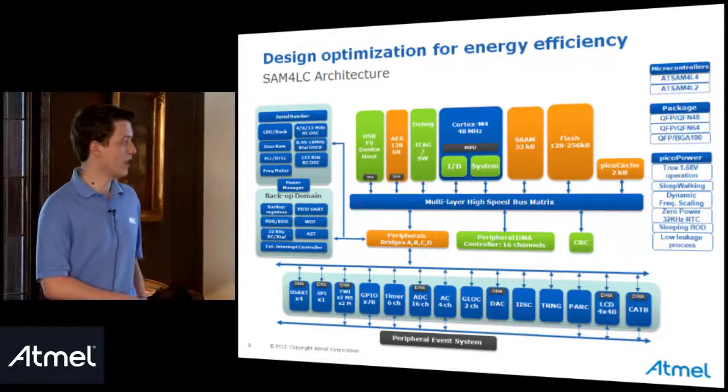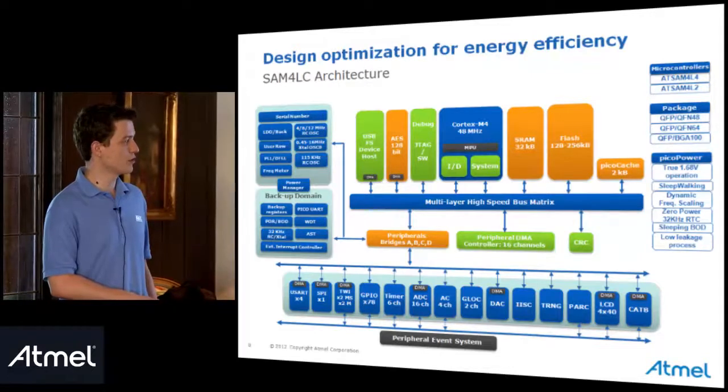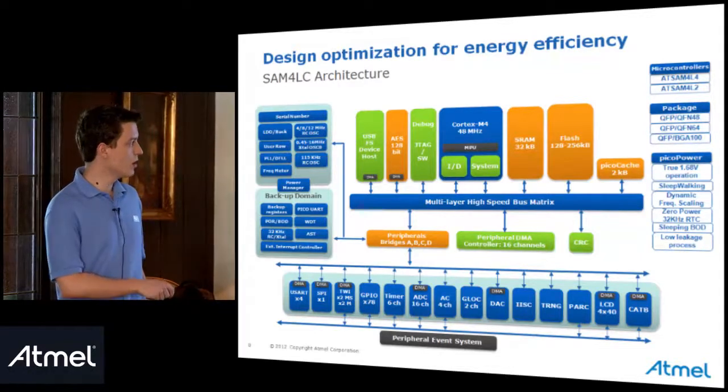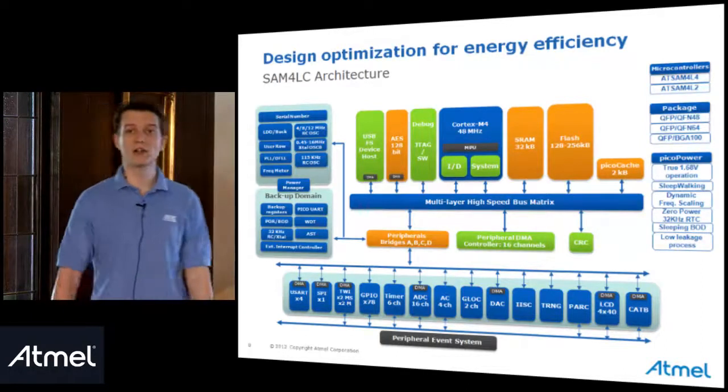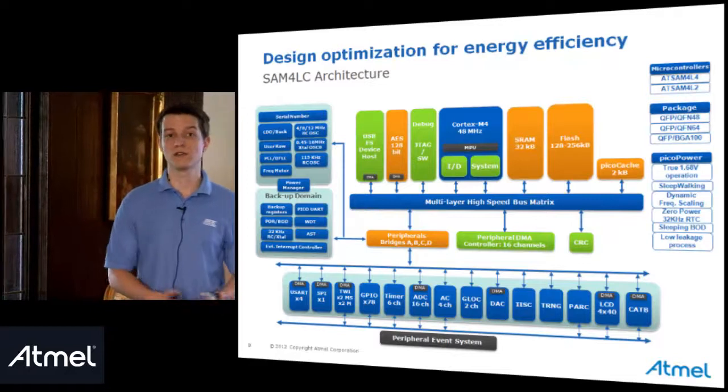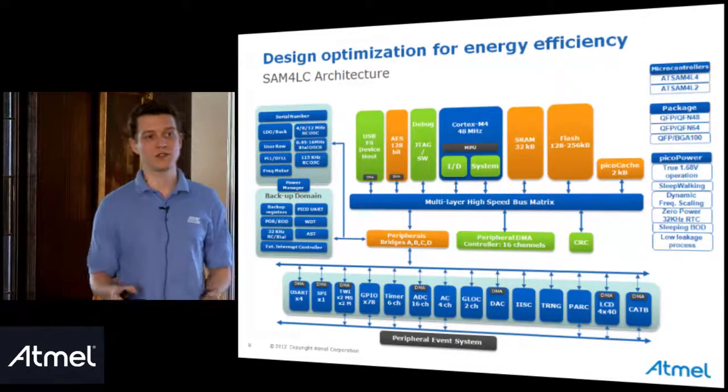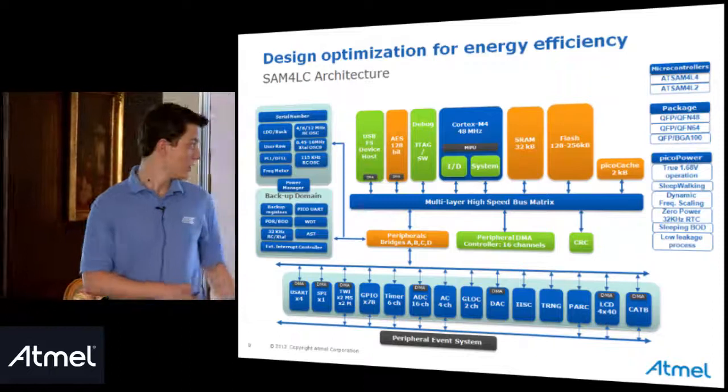So we have all the security features, such as the true random number generator or the AES controller. We also have the PARC, which is parallel capture, and allows the microcontroller to interface with a CMOS sensor.